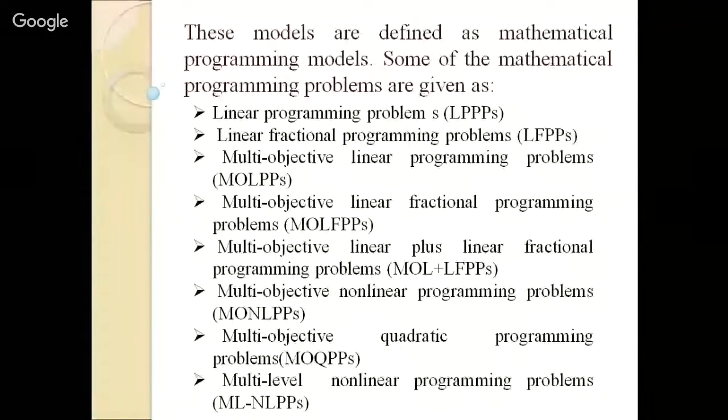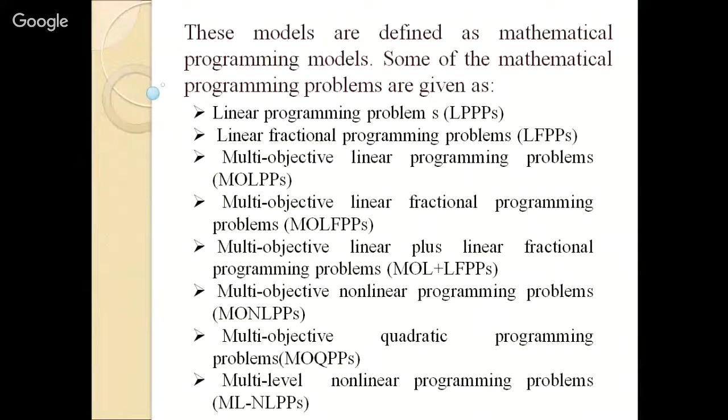If your objective function is in numerator upon denominator form, then it is called linear fractional programming. Linear means it is a linear relationship. Linear fractional means you have numerator and denominator format.